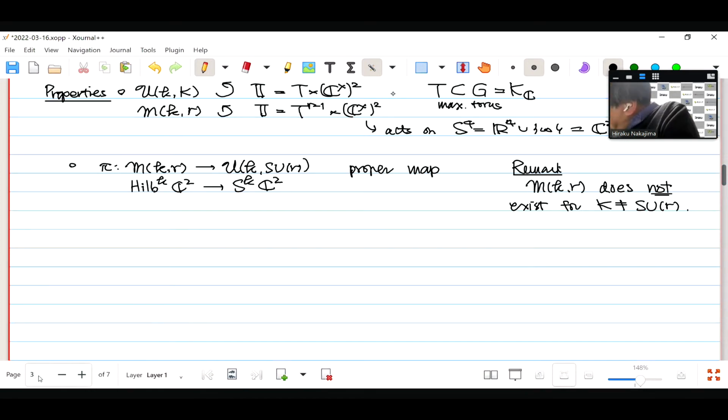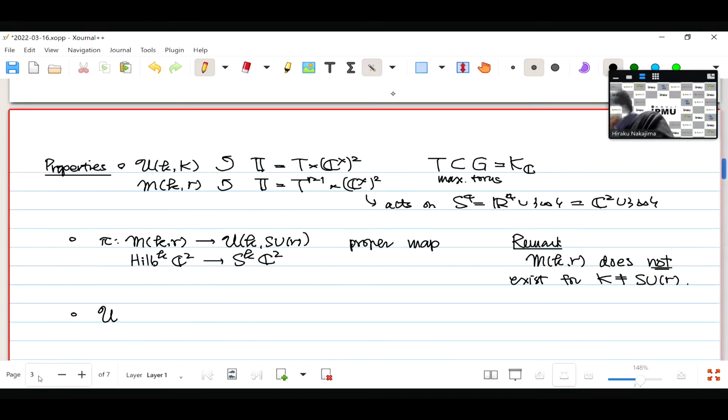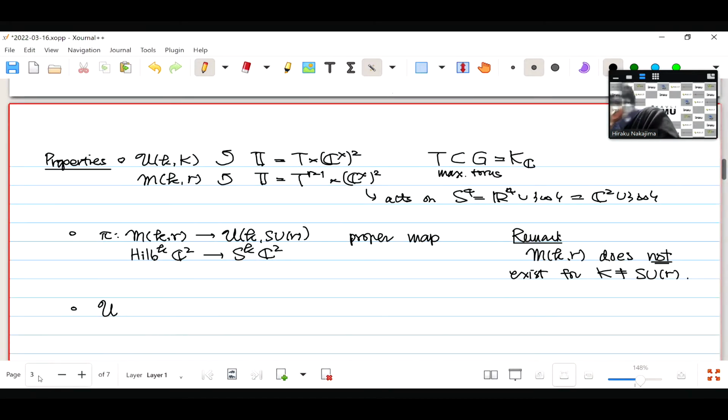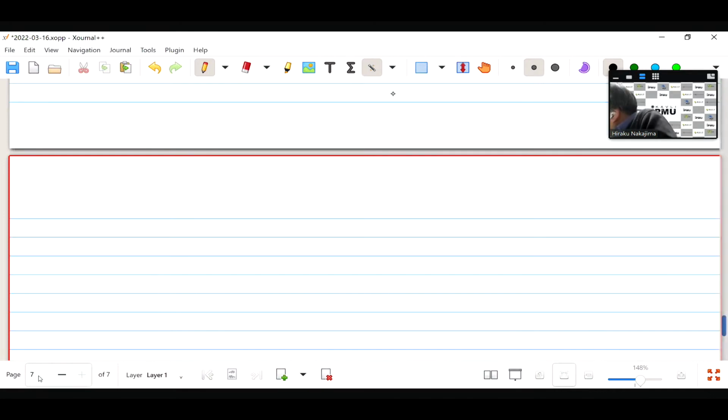Okay, and then we apply the localization theorem, so it is important to understand the fixed point set. I use this notation continuously: this bold T is the product of T and this T^2. And T is a maximal torus.